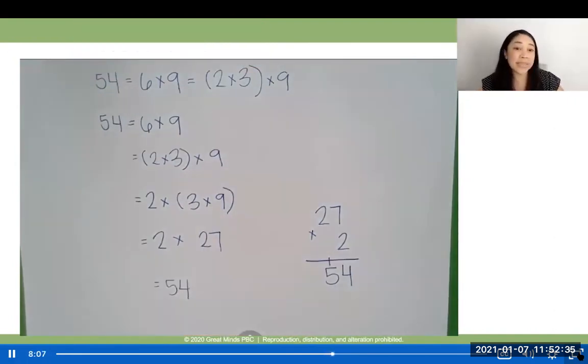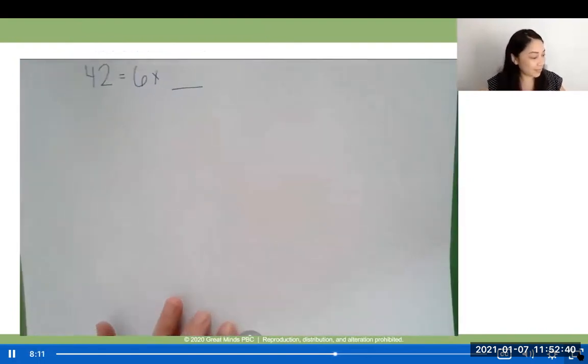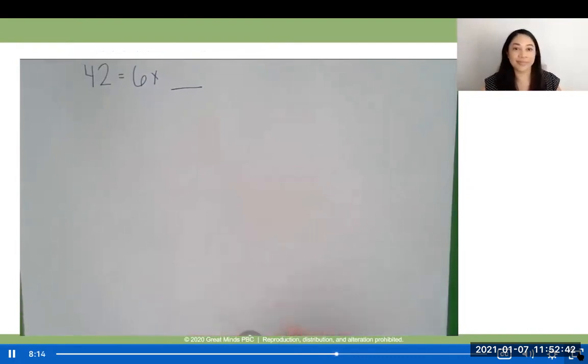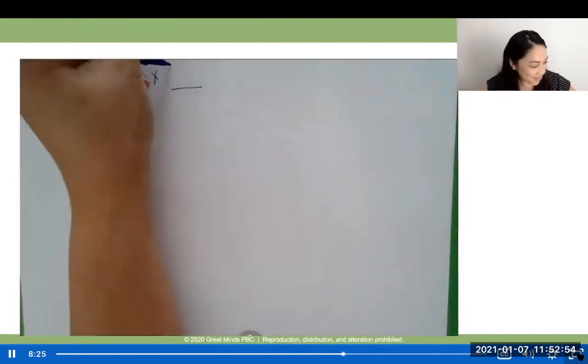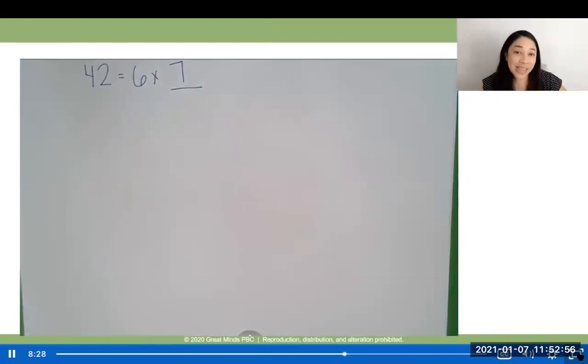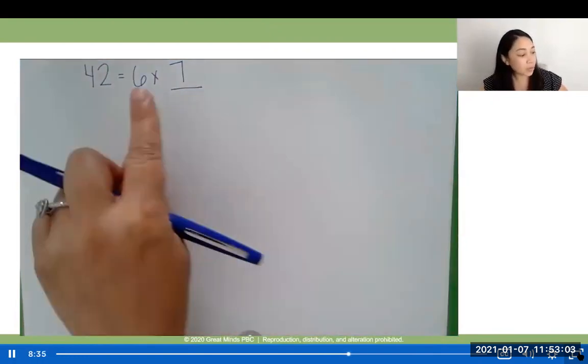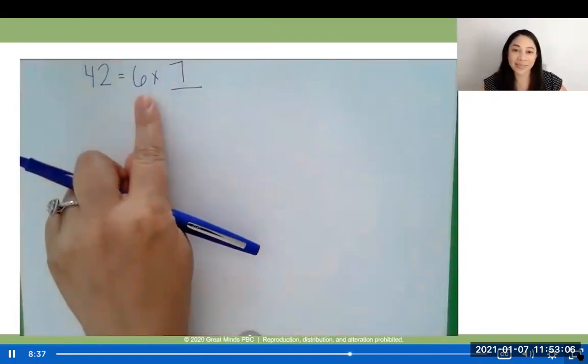Let's test this method to see if it works with a number other than 54. 42 equals 6 times what? 7. Let's use associative property to see if 2 and 3 are also factors of 42. How will we rewrite 6? 2 times 3.